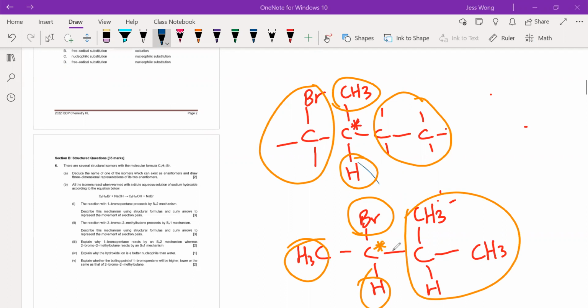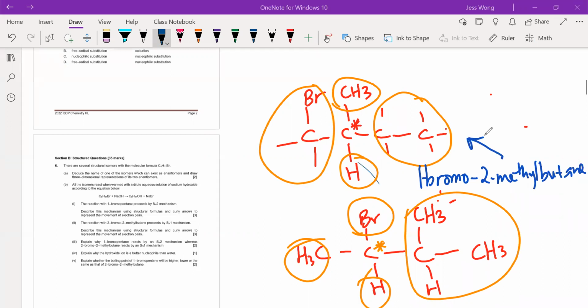Okay, so for any of the structures presented, you are supposed to deduce the name. If you are drawing the one that is above in this diagram over here, the name will be known as 1-bromo, sorry, it will be 1-bromo-2-methyl.